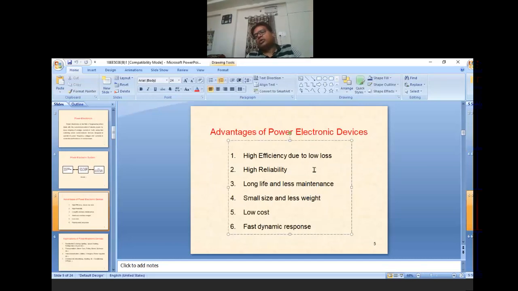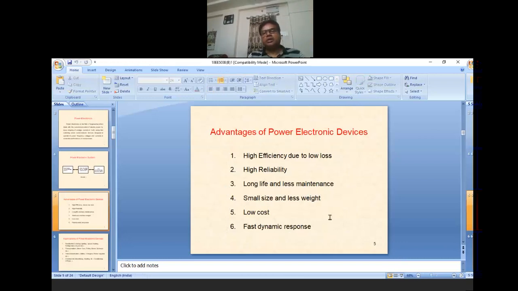And when it comes to other aspects of control of electrical energy, power electronic devices have some definite advantages which are listed here: high efficiency due to low loss, high reliability, long life and less maintenance, small size and less weight, low cost, and fast dynamic response.